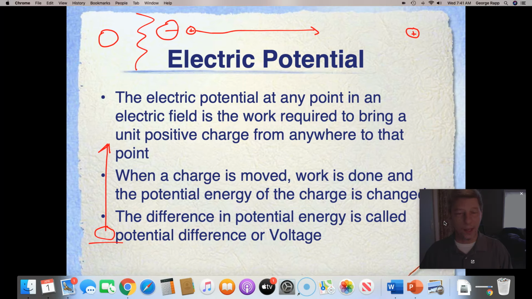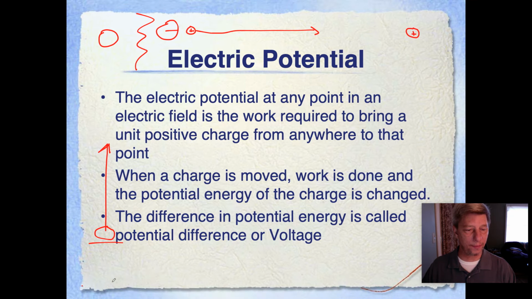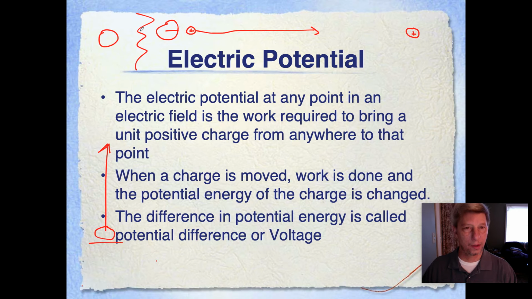All right. Now, interestingly enough, the difference in potential energy is called the potential difference or voltage. All right. And that's the difference in the potential energy from this point here to this point here.